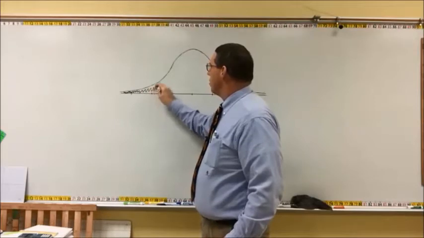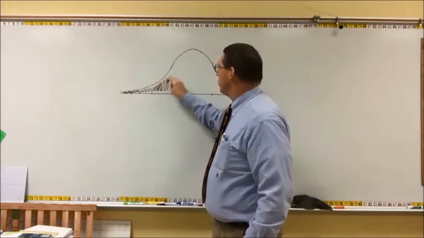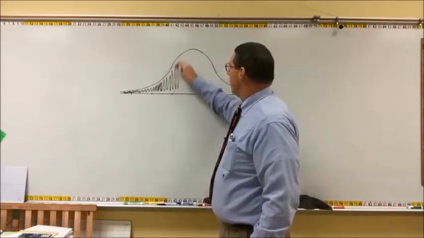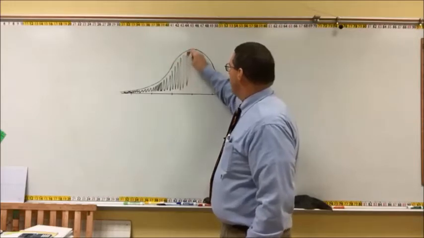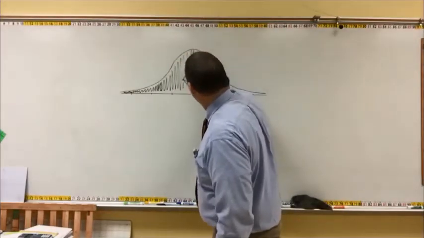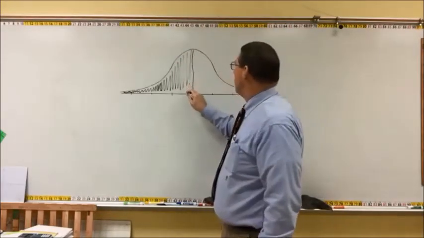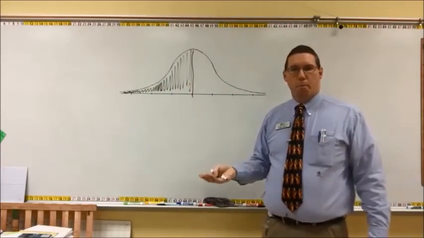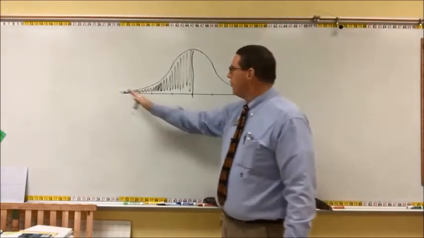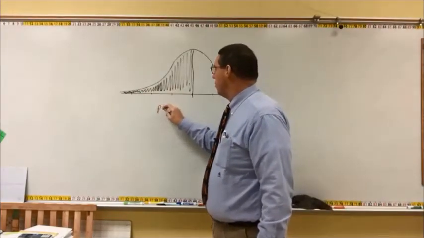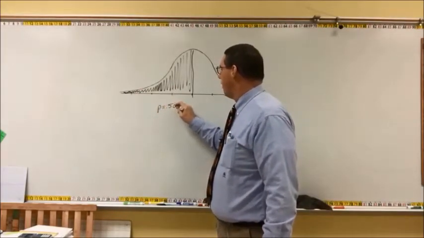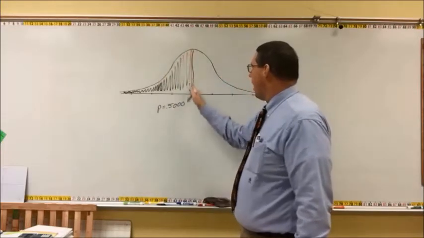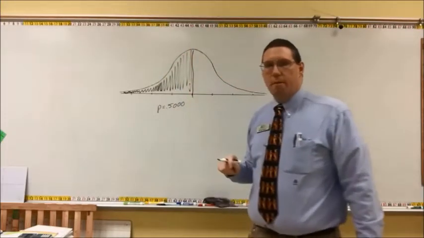And because the normal distribution curve is symmetrical, when we get to the halfway point at the mean, we have accumulated half of the proportion. Okay, so 50% or P equals 0.5 or 0.5000. That's at the halfway point, which is the mean.